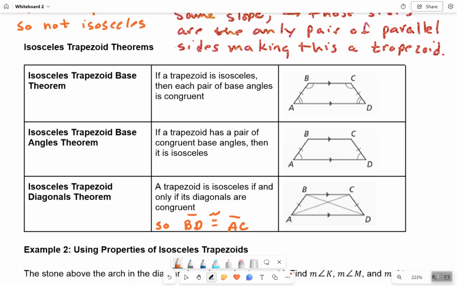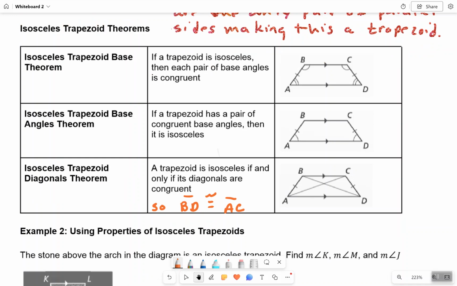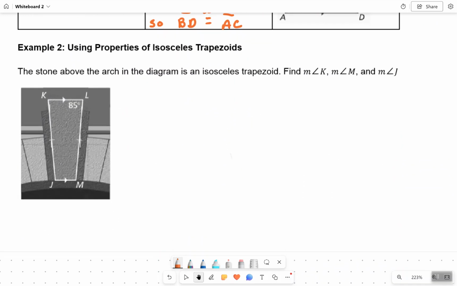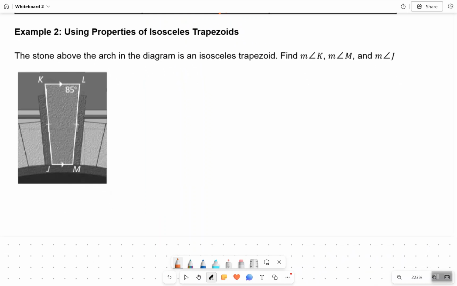So let's use those theorems about isosceles trapezoids here to answer some of these questions. Okay. My friends, in example 2, it says the stone above the arch in the diagram is an isosceles trapezoid. So we want to find the measure of K, M, and J. All right, so I'm just going to write it this way.